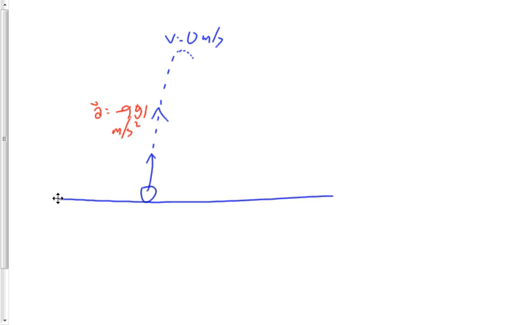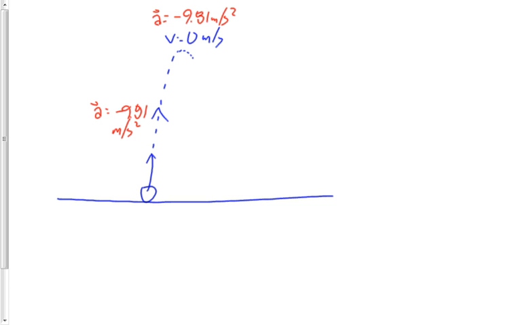Can you tell me what the acceleration of that ball is when it reaches its max height? There's a tough question. Zach? Good. Excellent. Negative 9.81 meters per second squared. Just because it's not moving doesn't mean it's not accelerating.